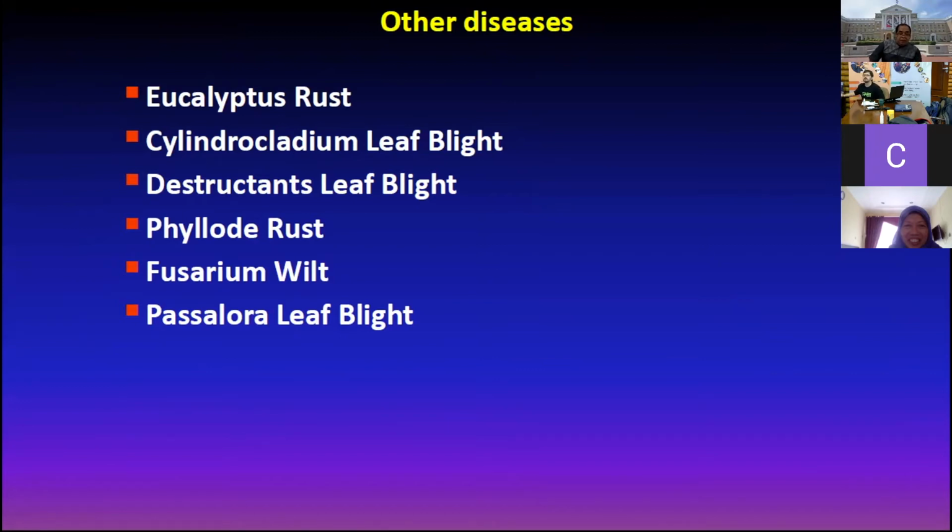And also Fusarium can be on mangium or crassicarpa, and the last one was rust, which is on Acacia crassicarpa. I think that was all our presentation for this opportunity. We thank the organization for the sharing opportunity. Thank you.